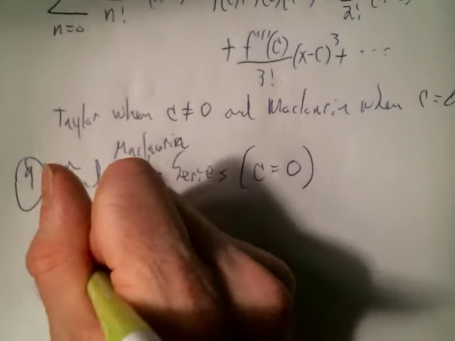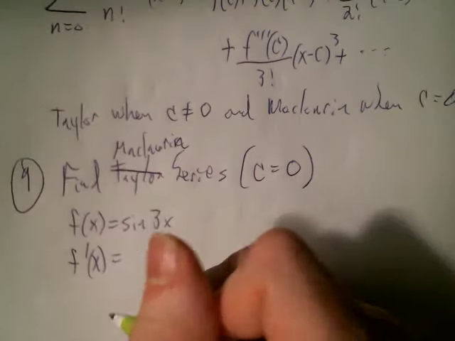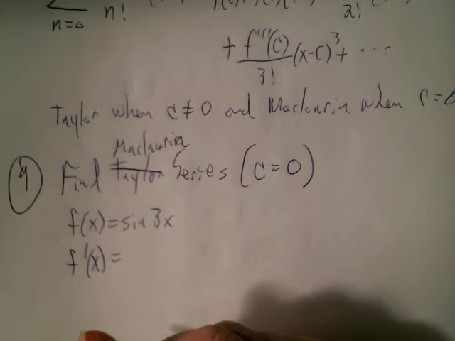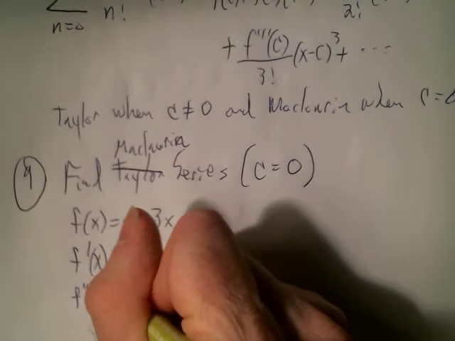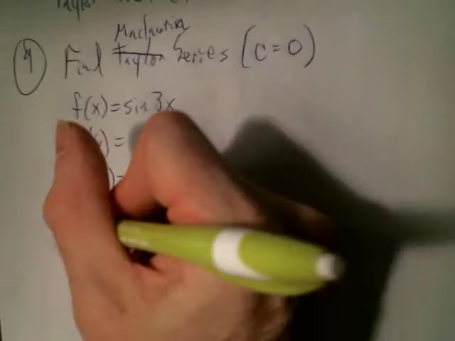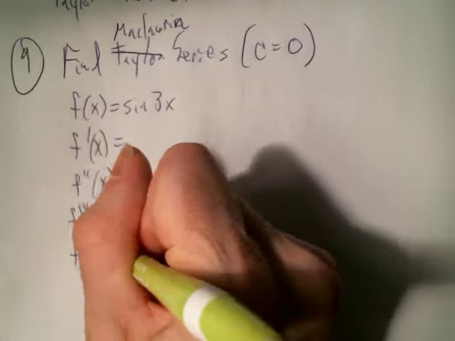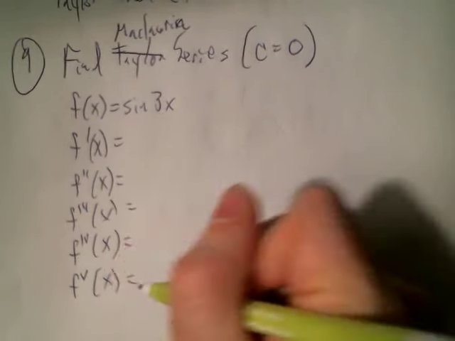But anyways, let's go at it. So I got f of x is sine. I'm going to go to probably the 5th derivative here. And that should give me a pretty good feel for how the thing is working. And then I can pick out a pattern and go to my summation notation if I want.